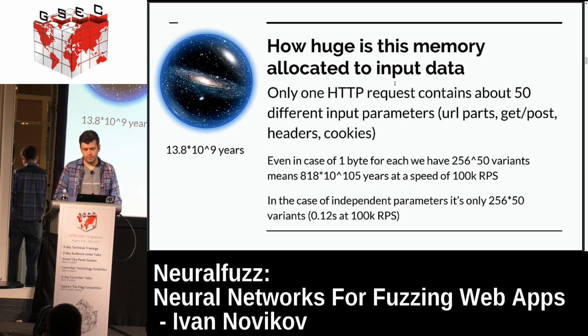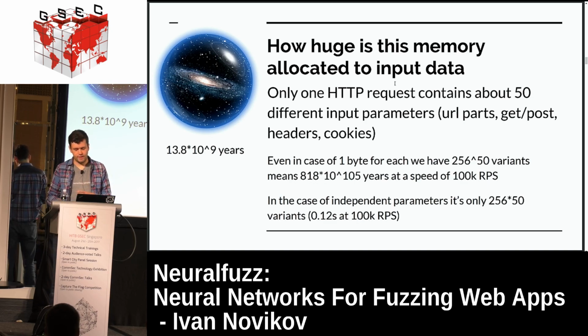One HTTP request contains about 100 different input parameters. If we would like to fuzz all of them with interactions, which means that one parameter could affect another parameter, we would spend, I don't know how long.